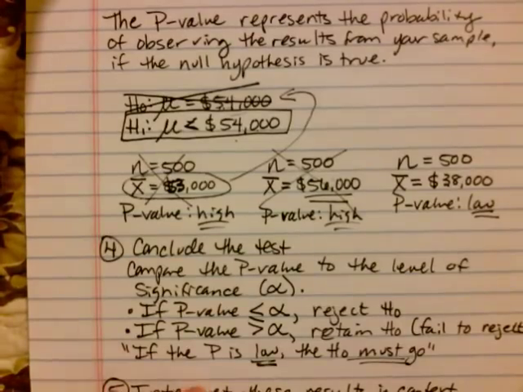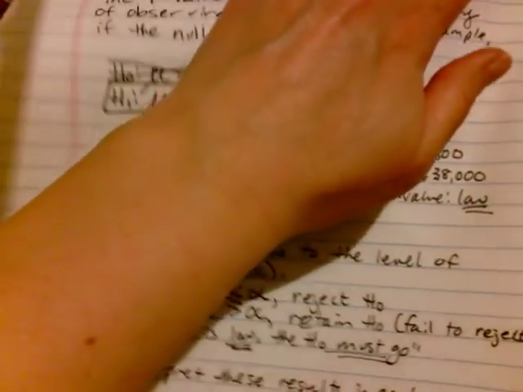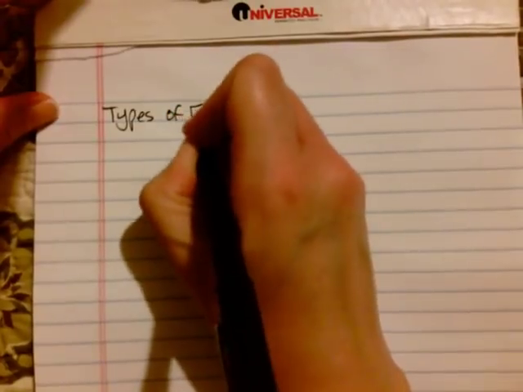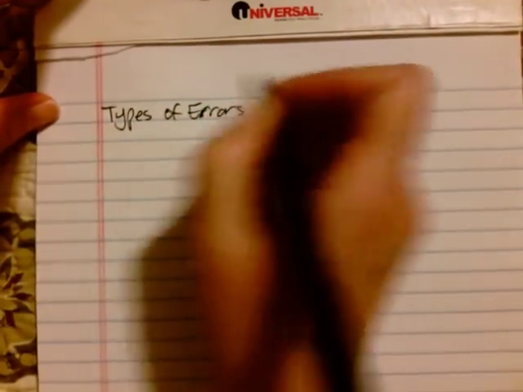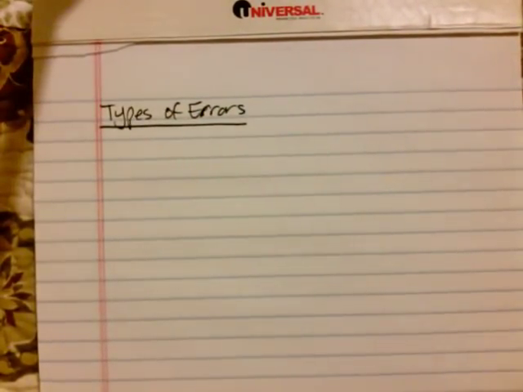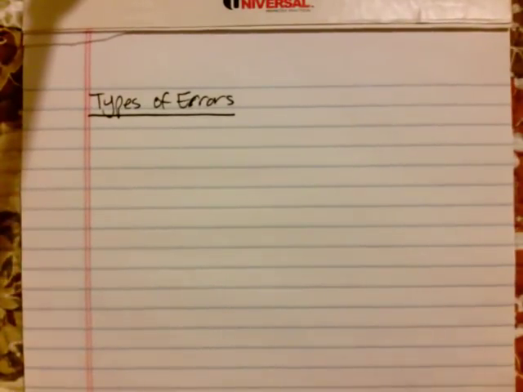There is a table looking at two different types of errors. When we conduct statistical tests, it is always possible that we made the wrong decision, because maybe our sample was just a particularly odd sample. When we're sampling randomly, that can happen. We want to minimize the probability of making an error, but we never completely eliminate it.